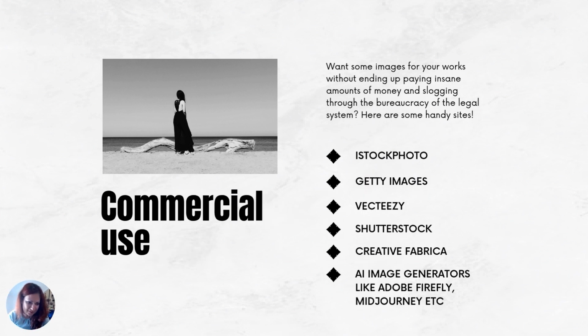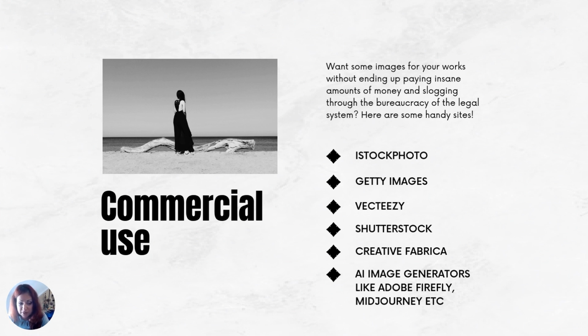If you want other professional images for commercial use, which come with a variety of licenses, popular websites are iStock Photo and Getty Images. Vecteezy is one I use a lot because their licensing is very flexible and they have vectors, photos and videos.